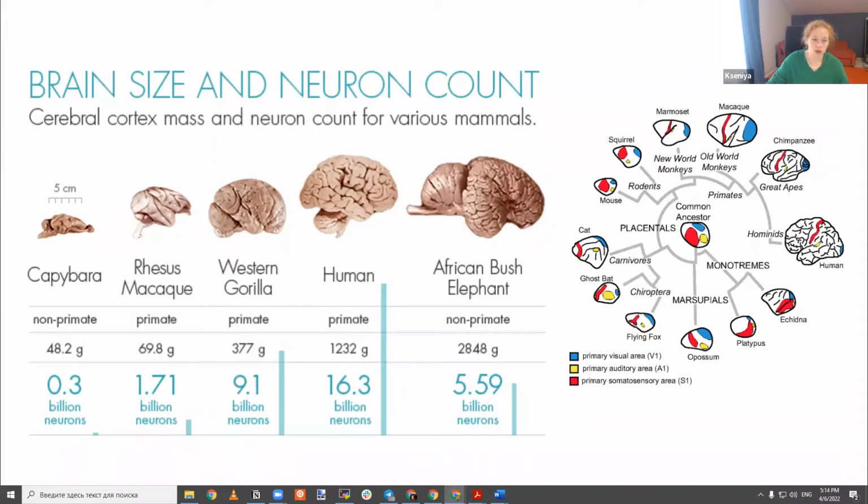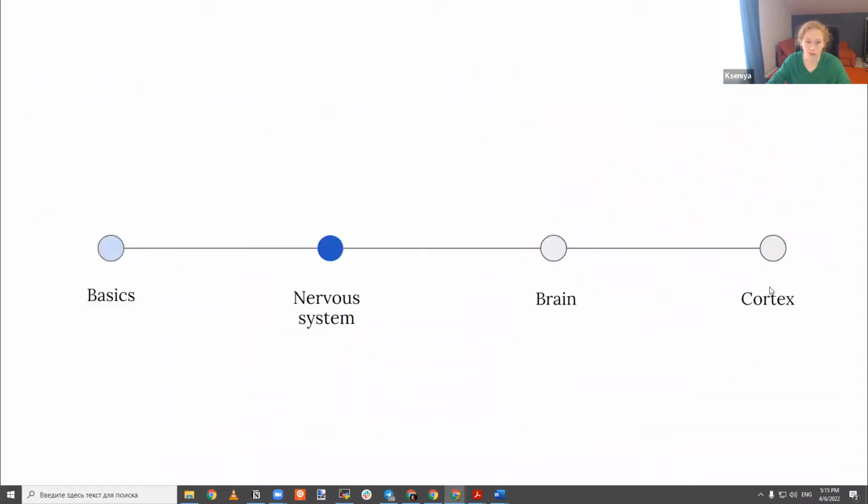And according to the research, the cerebrum first developed about 200 million years ago, and it's responsible for higher cognitive functions, for example, language, thinking, and related forms of information processing. It's also responsible for processing the sensory input together with the thalamus, and so on. And now let's talk about the structure of the nervous system.